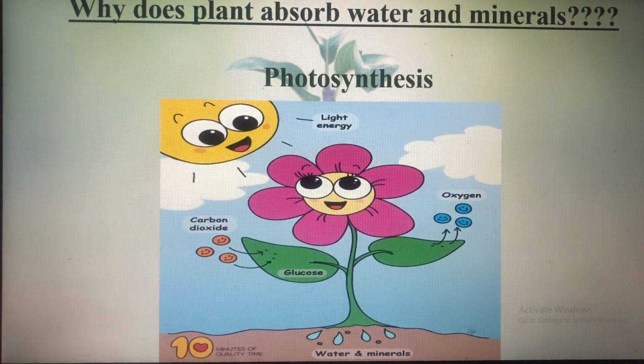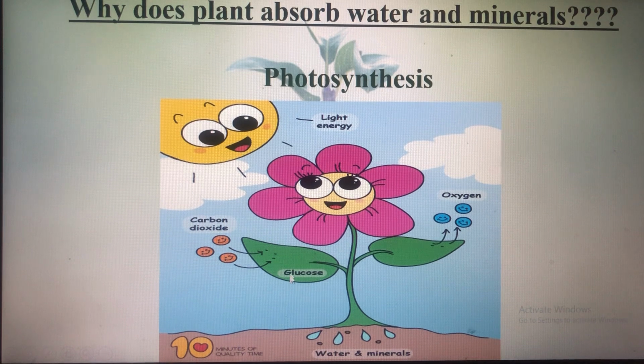Here is an interesting diagram describing the process of photosynthesis. The leaf, the green portion of the plant, is the place where photosynthesis takes place. During photosynthesis, the plant absorbs sunlight and carbon dioxide from the environment, and it also absorbs water and mineral salts from the soil, and they come into the leaf.